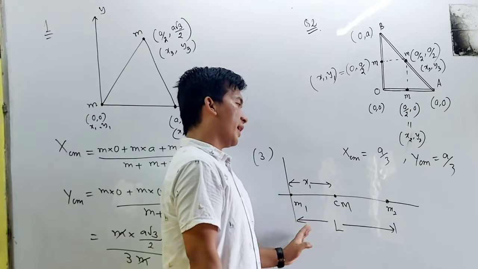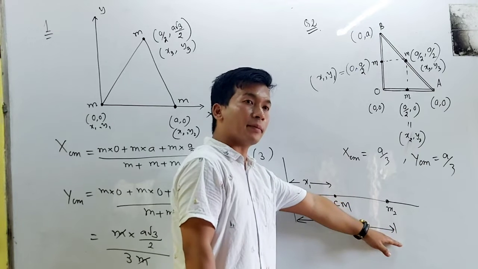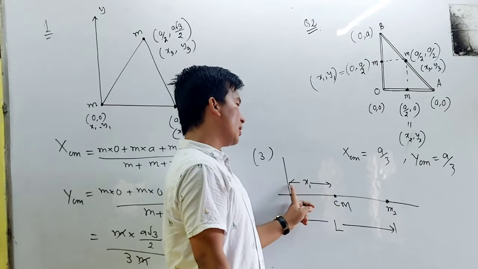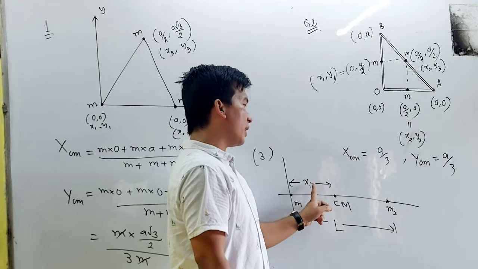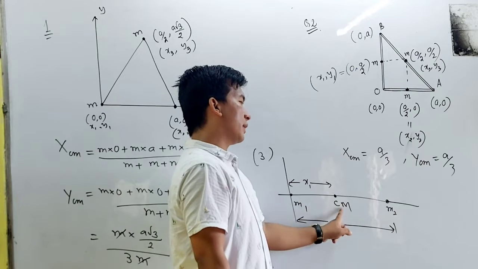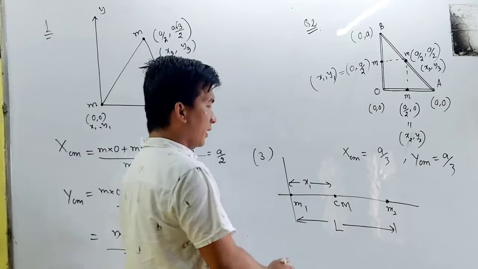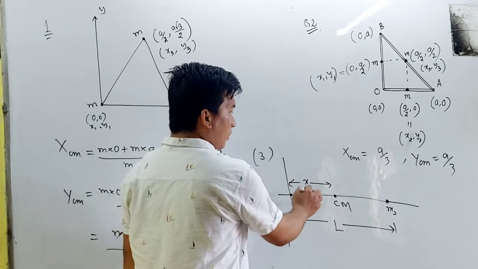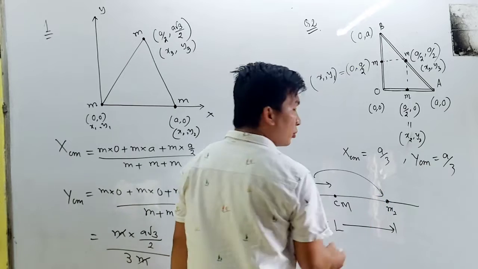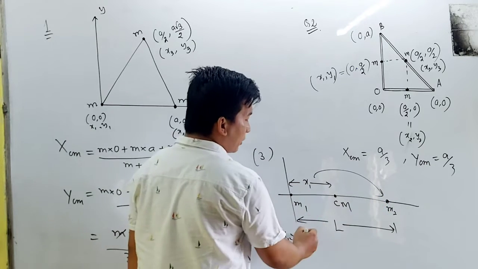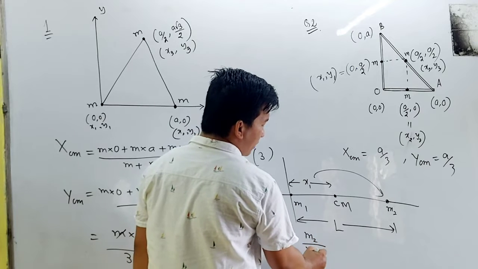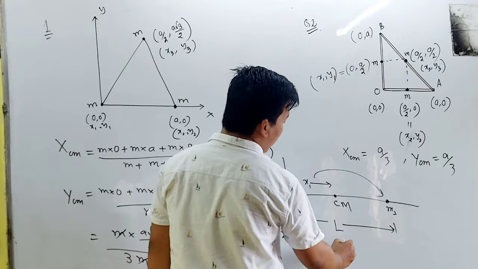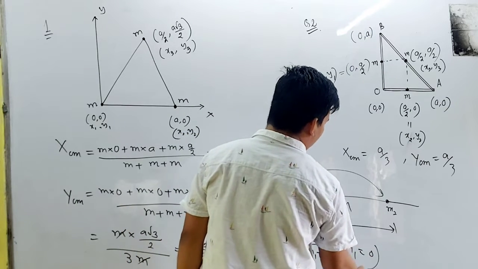What will be the coordinate of your center of mass? xcm is x1, which must be related to m2 divided by the total mass, m1 plus m2, and y1 will be equal to 0.